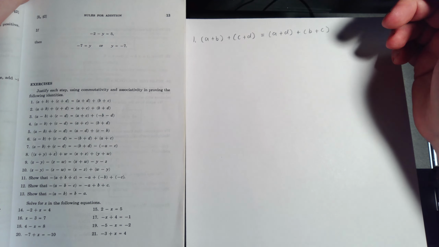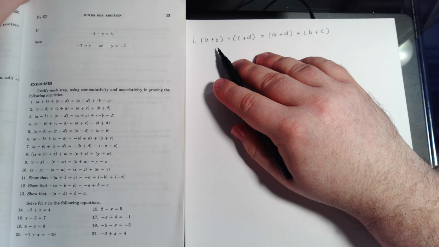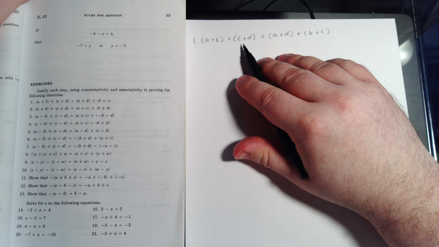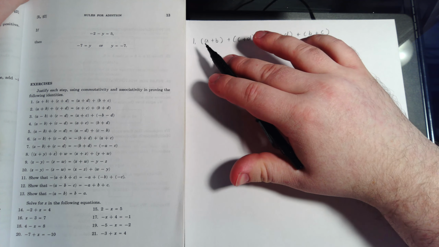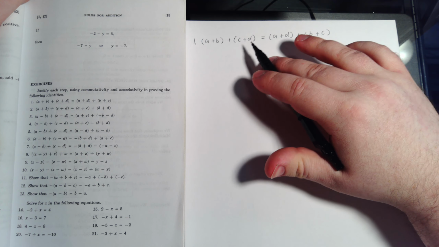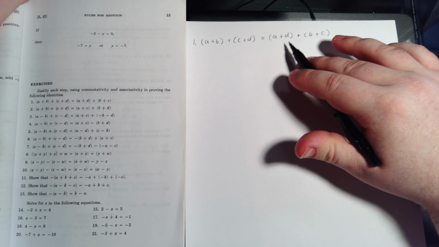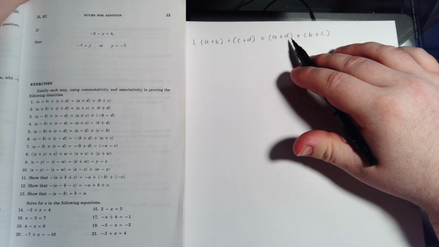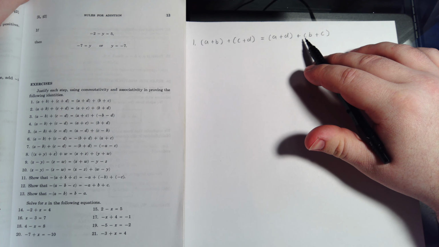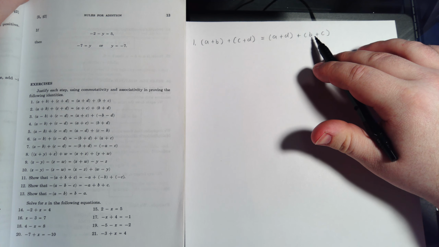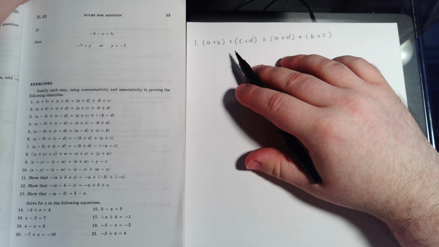Okay, so how might we go ahead and change A plus B in parentheses plus C plus D in parentheses to equal this side? Well, if we just think of the ordering of the letters, we have A, B, C, D, and now we have A, D, B, C. So it looks like D and B have swapped places, as well as C and B. But let's just make this quite simple.